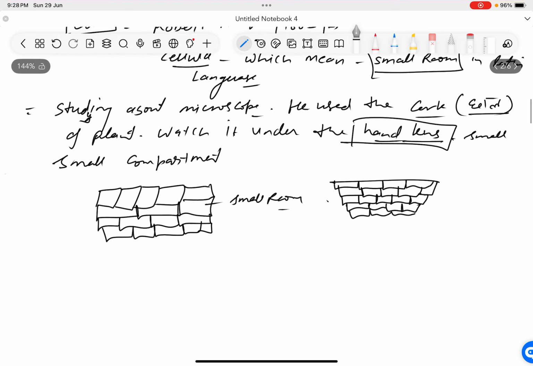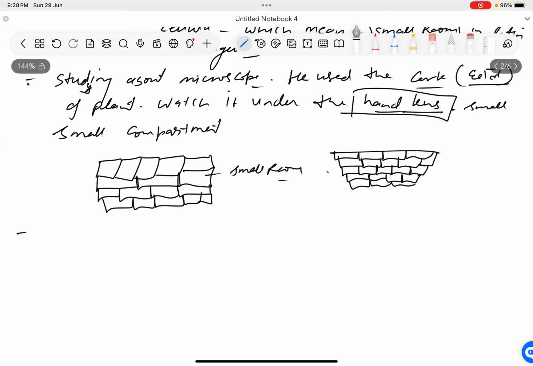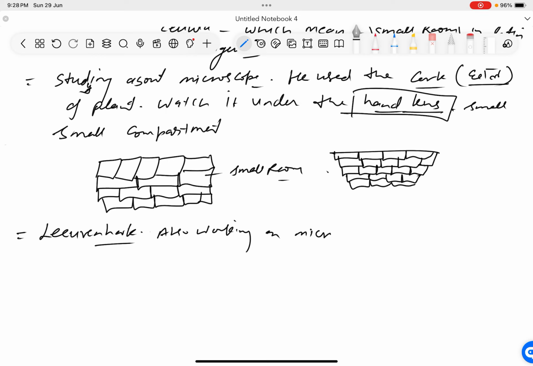Later on, another scientist known as Leeuwenhoek was also working on the microscope in 1677.